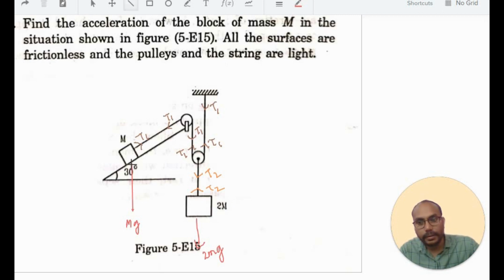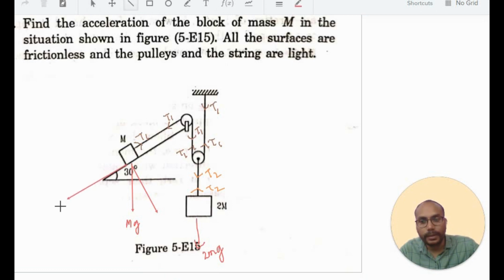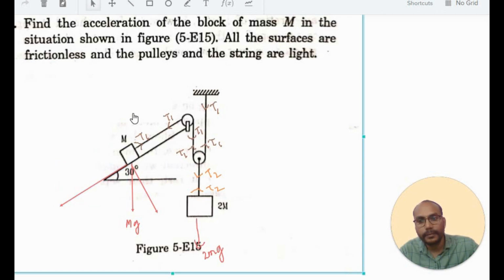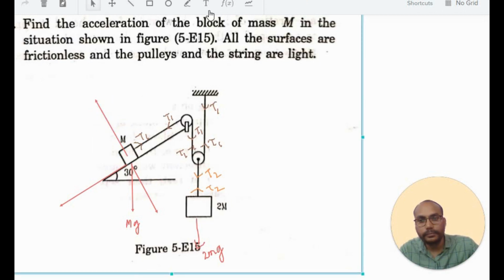Now I am taking a component of the force mg. This component is perpendicular to the plane, and we are taking another component which is parallel to the plane. And I am showing the normal force. Now see, this angle is 30 degrees.